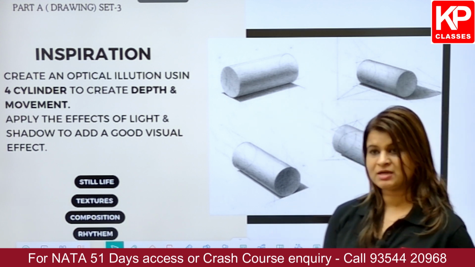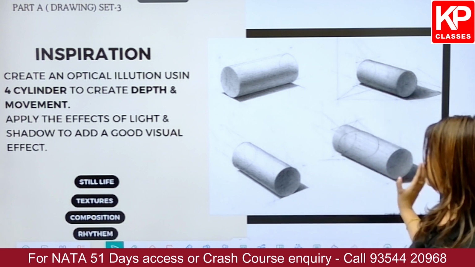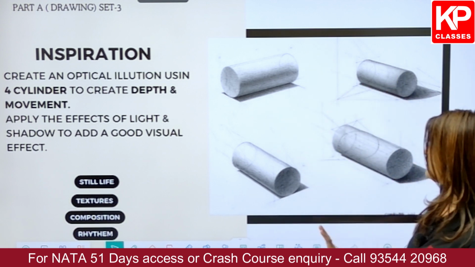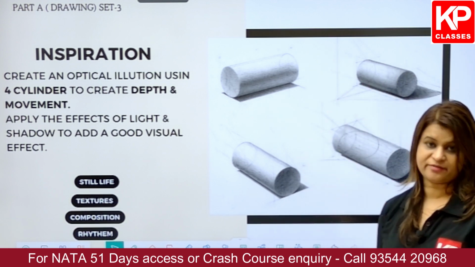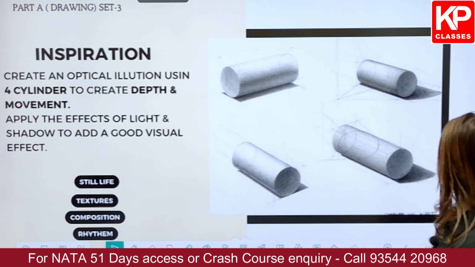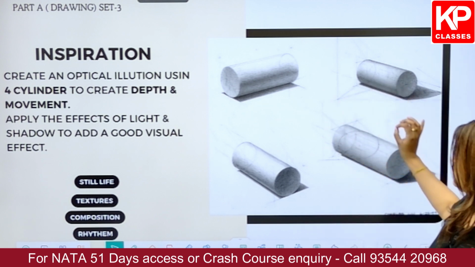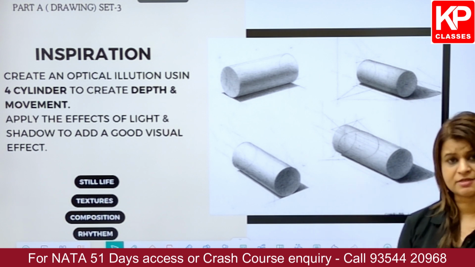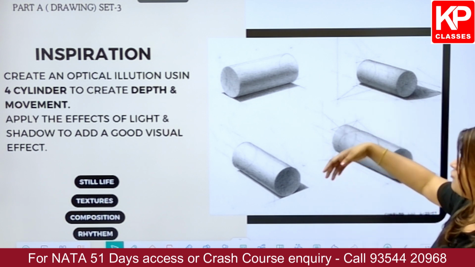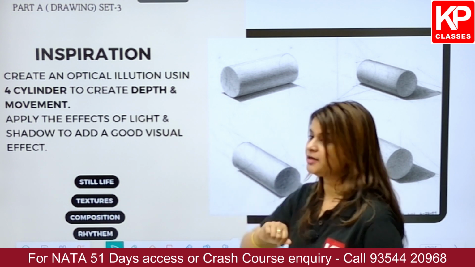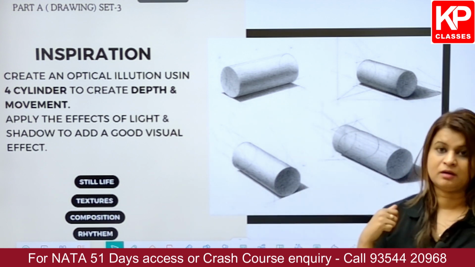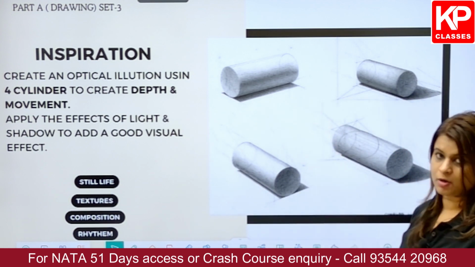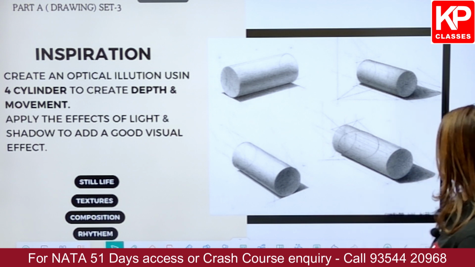So they have a common light source, and for all of these 4 cylinders, based on their positioning, the shadow is different. Here not much focus has been paid on the texture, because the more focus is on depth and movement, and of course the shadows which are falling on the ground.